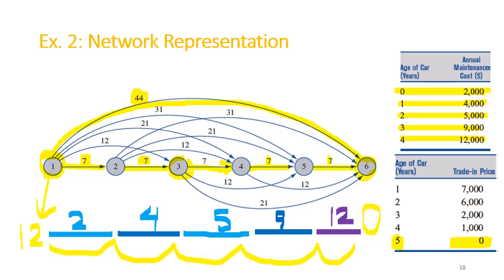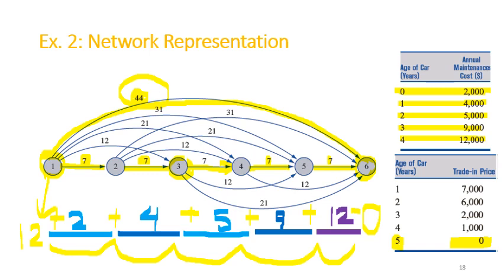So I got nothing from selling my car. So the total cost is 12 plus 2 plus 4 plus 5 plus 9 plus 12 minus 0, and that is equal to 44. So that's how you get these numbers.